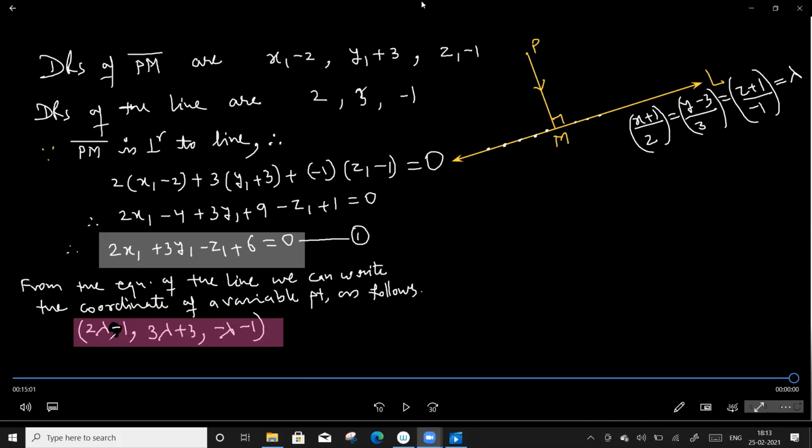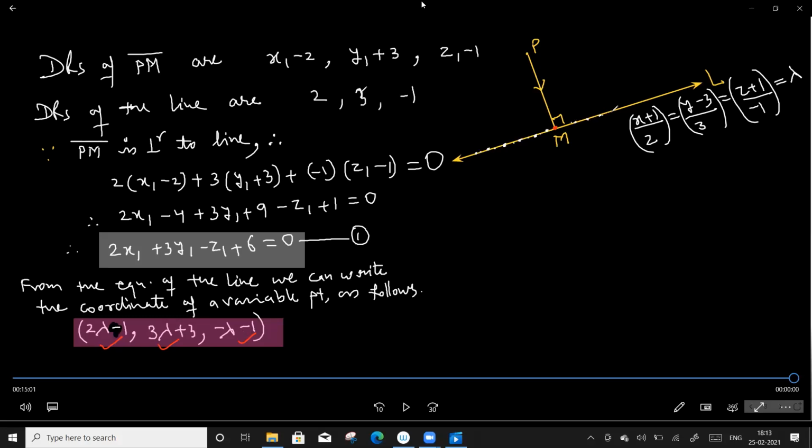So could these three be the coordinates of M? Can they represent even the coordinates of point M? Definitely yes. Remember students, these three represent all the points on the line.